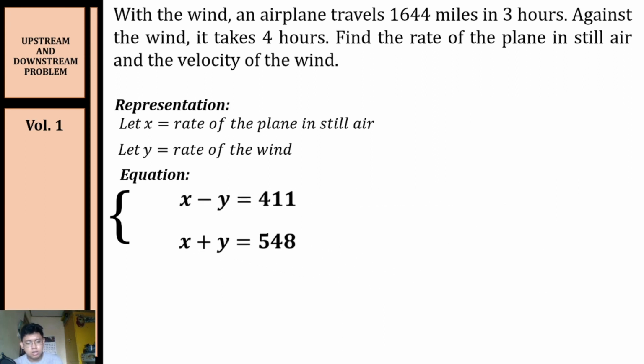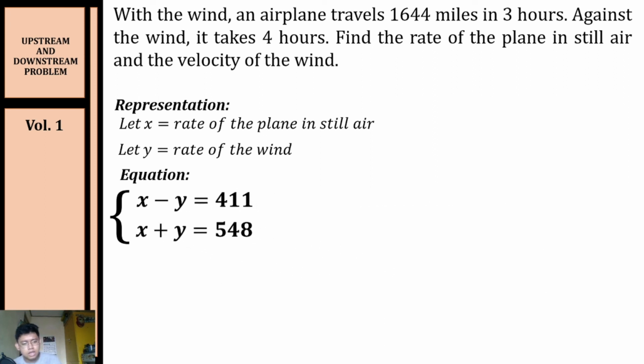So let's rewrite our equations. x minus y is equal to 411 and x plus y is equal to 548. Now that we simplified our equations, we can solve for the values of x and y by using either substitution or elimination method. For me, in this situation, I will use elimination method.